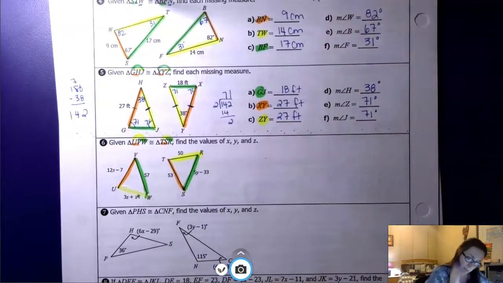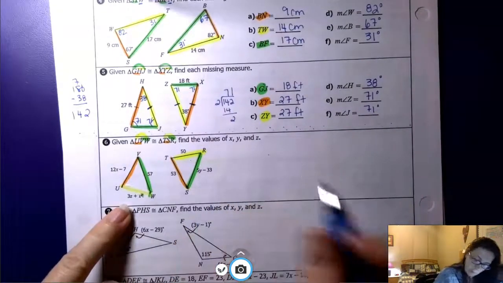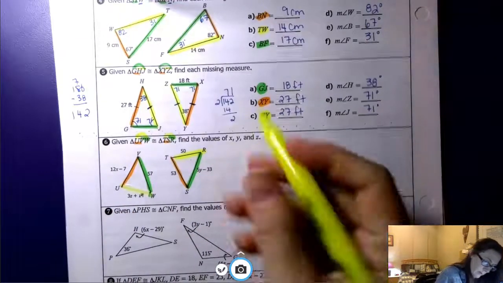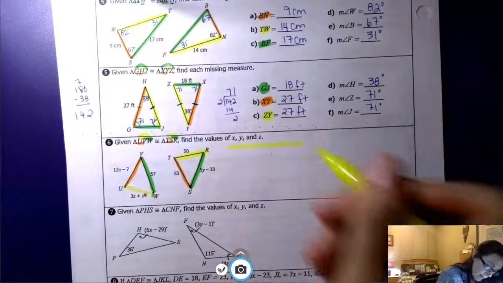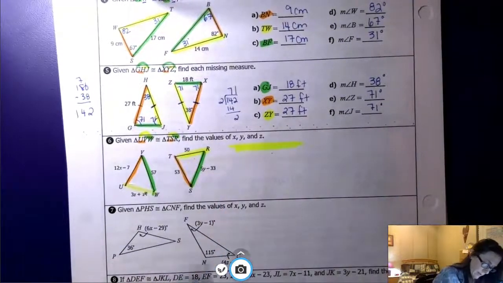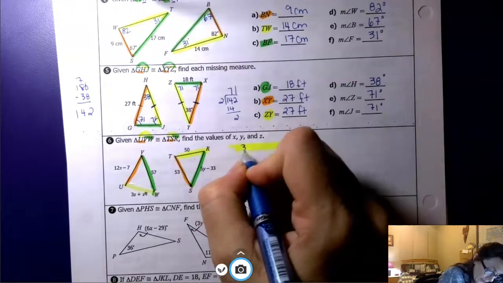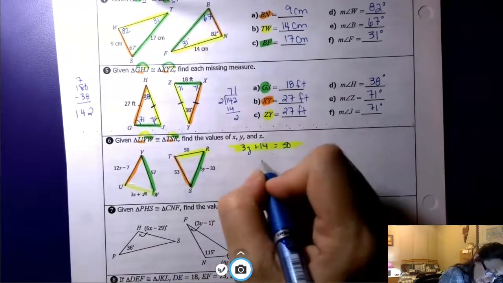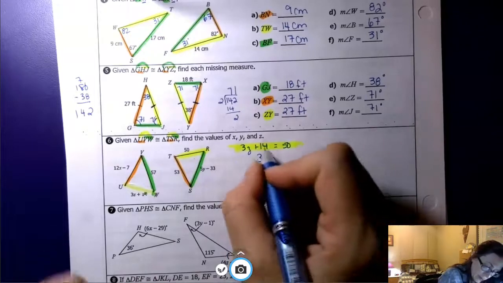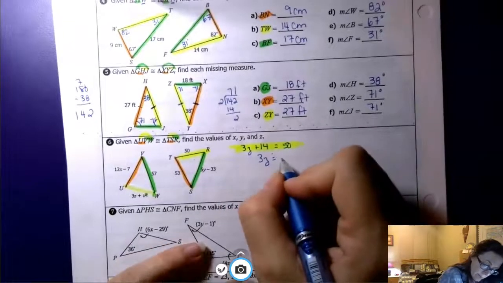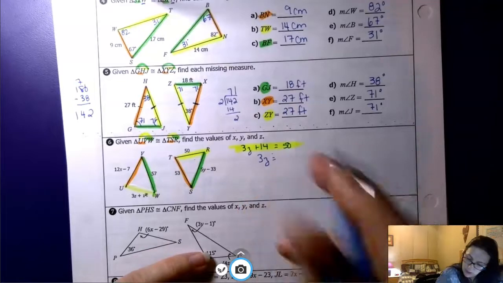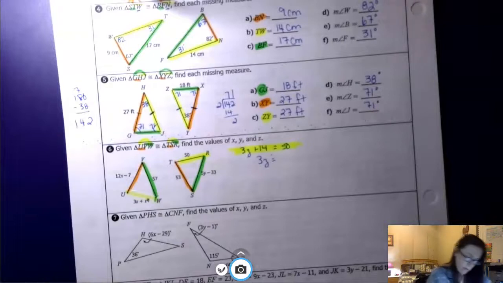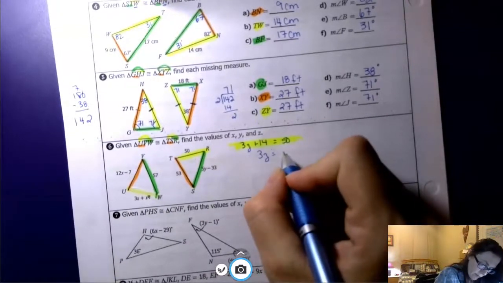So now I want to solve for x, y, and z. I'm going to set up these equations. For my yellow, I'm going to solve it first right here. I'm going to say 3z plus 14 equals 50. I get 3z equals, subtract 14, I get 46.